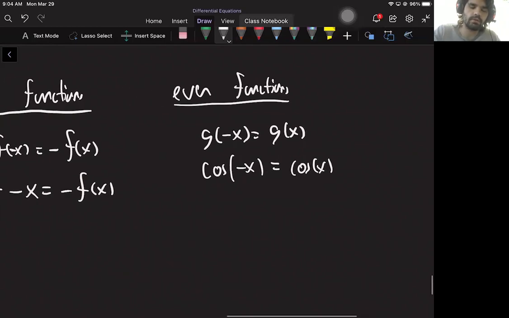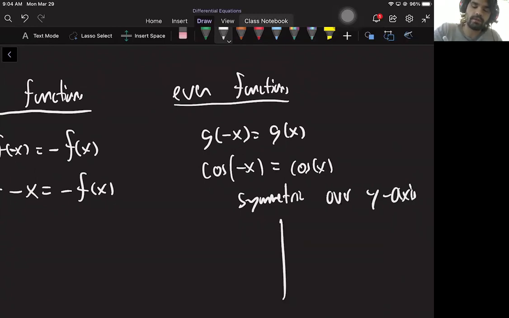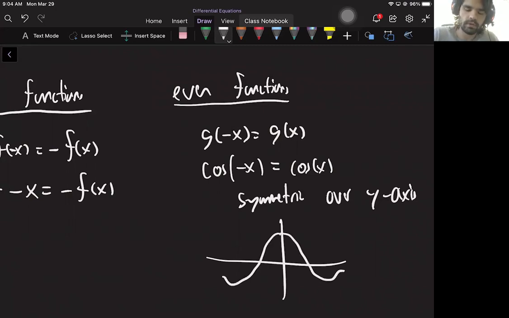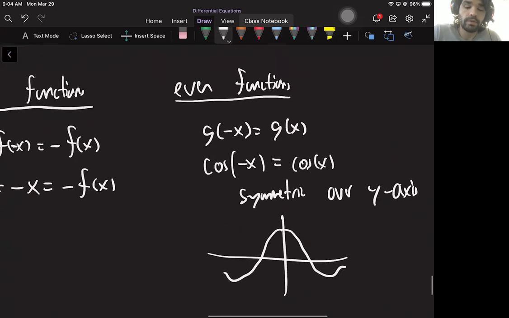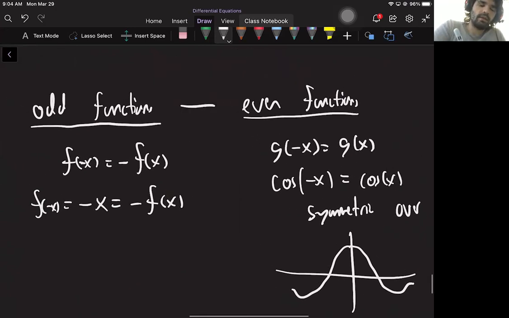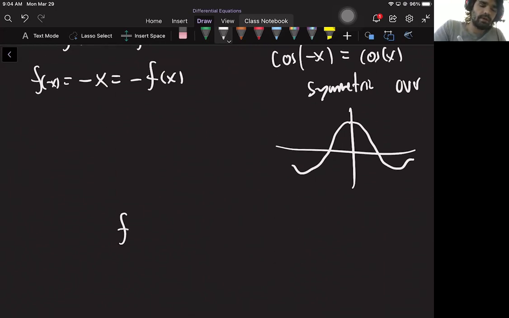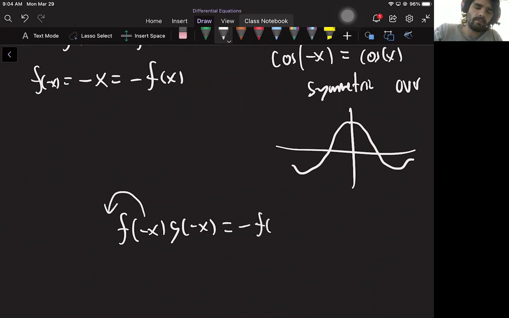And this is also because it's symmetric across the y-axis, so it looks something like this. Symmetric. So then when I multiply an even and an odd together, what's going to happen is if I change all my x's to negative x's, the negative from the f will pop out and the g one will disappear.